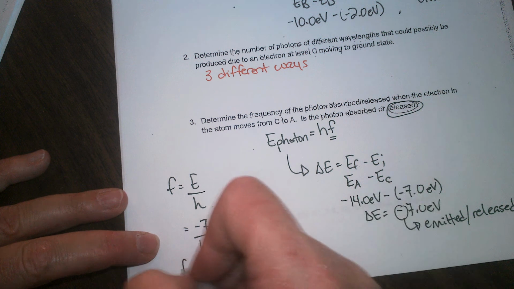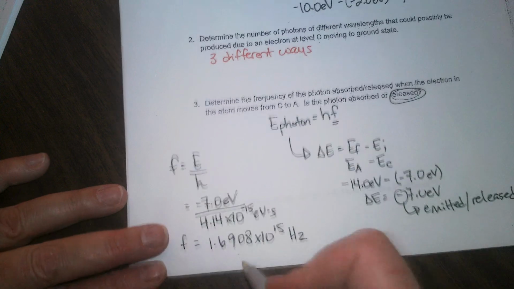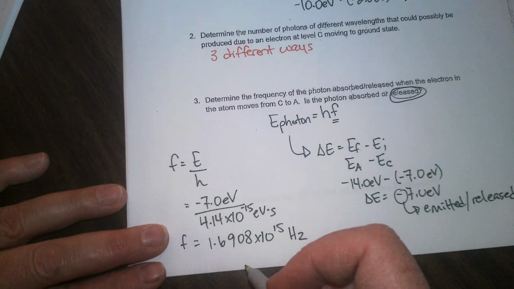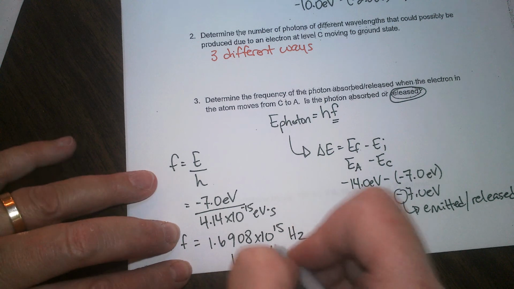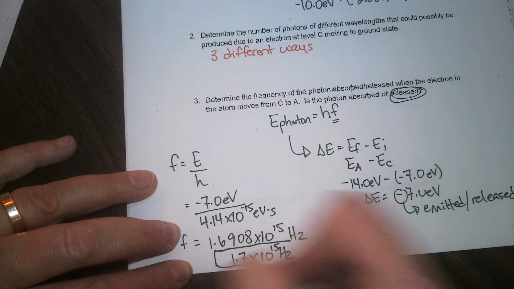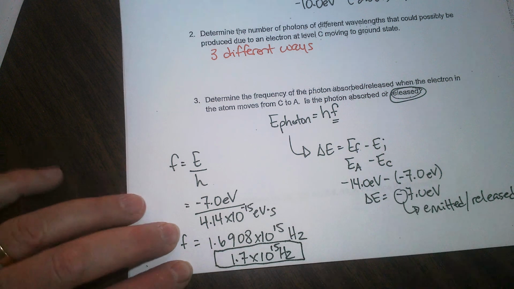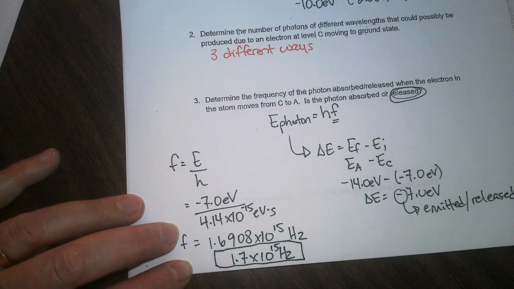A unit for frequency is hertz. When we go back to significant digits, 2, so 1.7 times 10 to the 15 hertz is our energy. Now, what I've done is I've dropped that negative sign. That negative sign simply tells us emitted or absorbed.